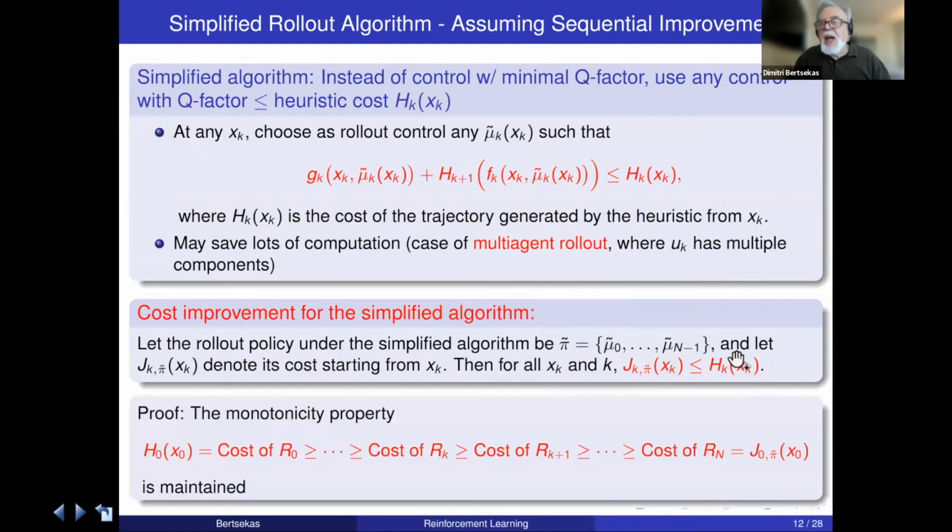And the proof is exactly what I gave in the previous slide, because this requirement still allows the proof to go through, namely that the sequence of trajectories generated has costs that are monotonically decreasing, and you start with the cost of the base heuristic, you end up with the cost of the rollout, and this monotonicity property is maintained and implies this inequality. So are there any questions here?